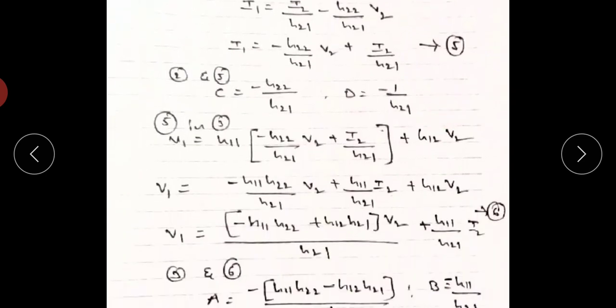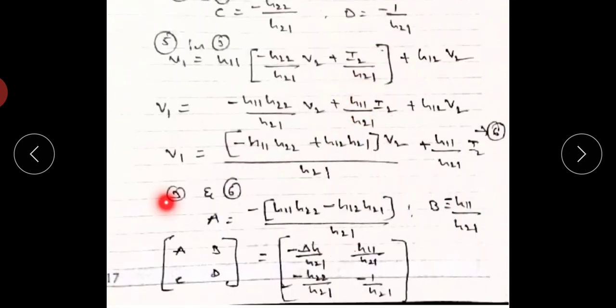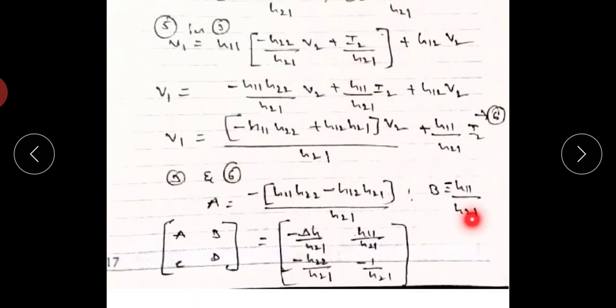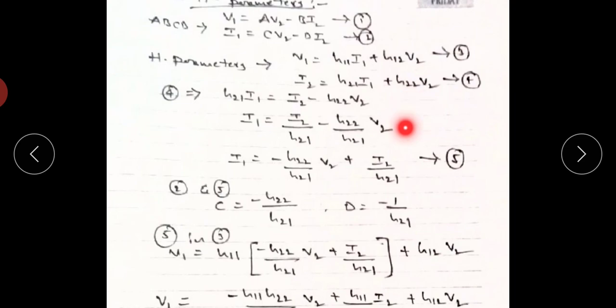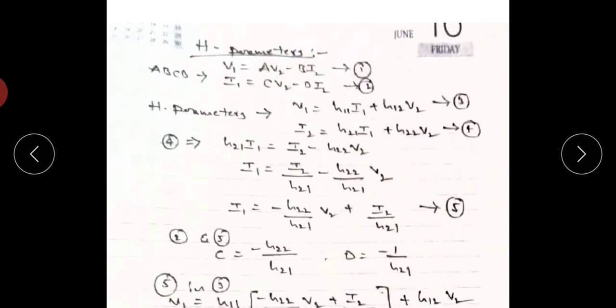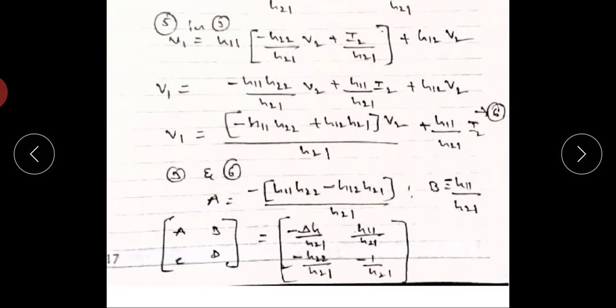Now by comparing equations 1 and 6, not 3 and 6, by comparing 1 and 6 we can write A, B. So here V2 quotient value A, I2 quotient value B. So A equals this one, B equals minus H11 by H21.